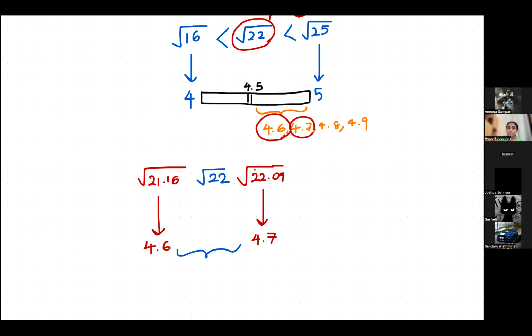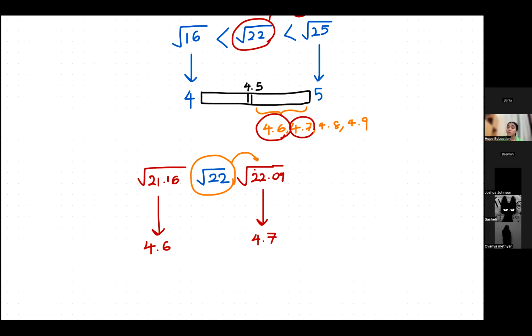Tell me, is 22 closer to 21.16 or 22.09? 22.09. Everybody says 22.09. Yes. මෙතන gap එක චූටිම චූටි gap එකක්.